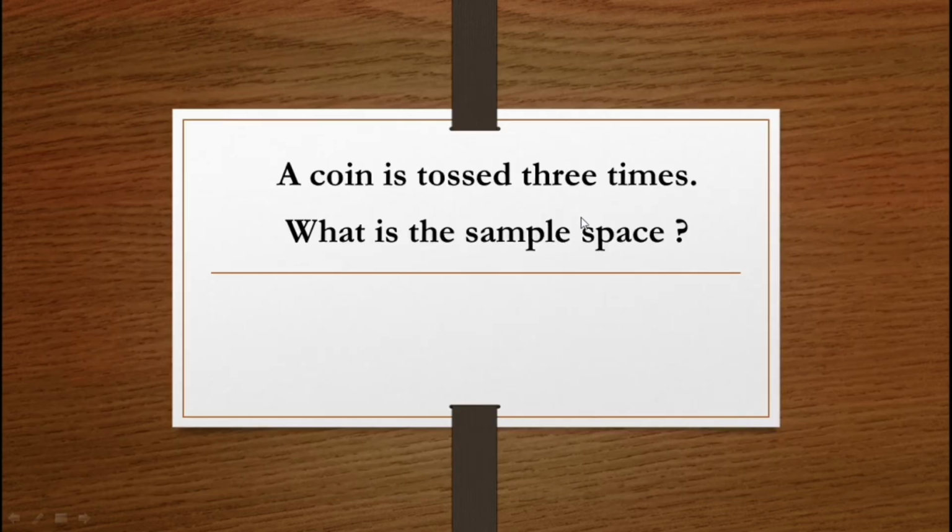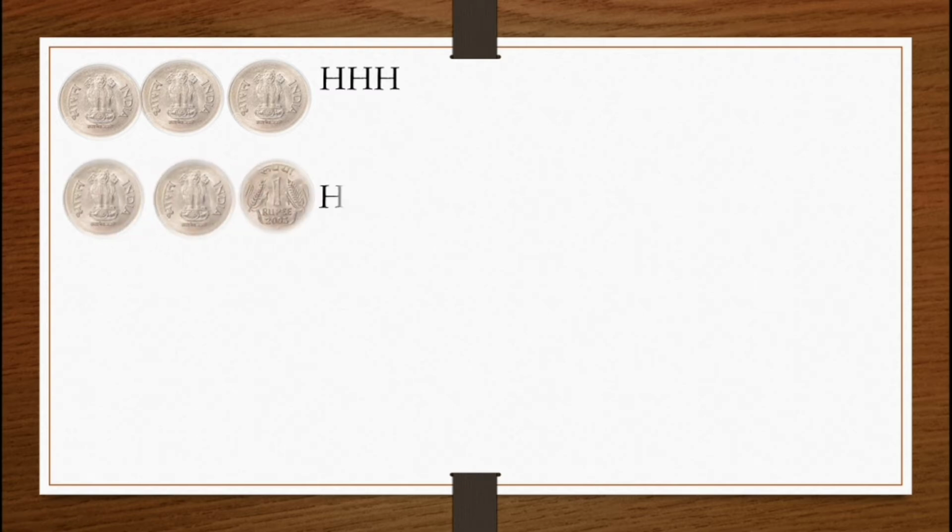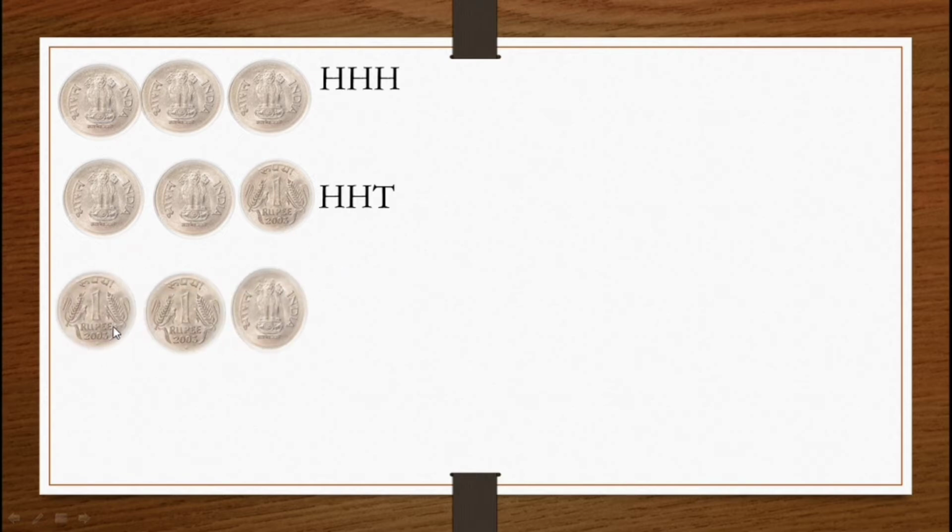If a coin is tossed three times, what is the sample space? The possibility may be you may get three heads, it is H, H, H. You may get two heads and one tail: on the first two coins you get head and next is tail, or it is tail, tail, head.